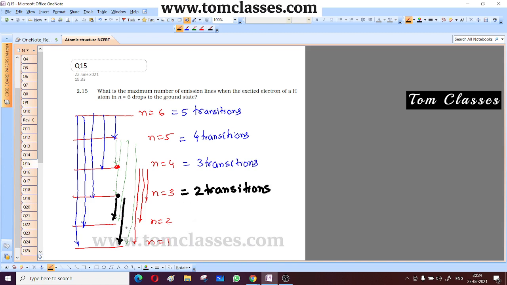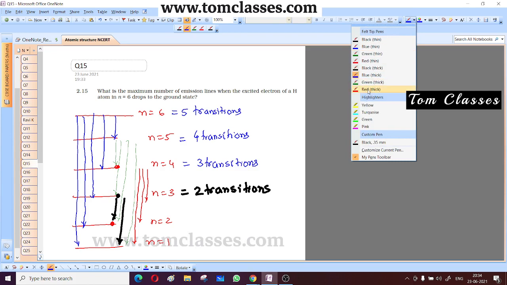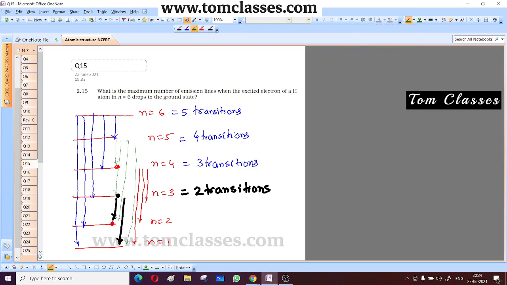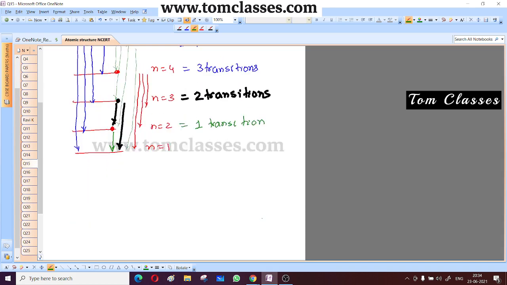Now if this electron has come over here, then only 1 transition is possible, and that is 1, right? So what is the total number of transitions possible?